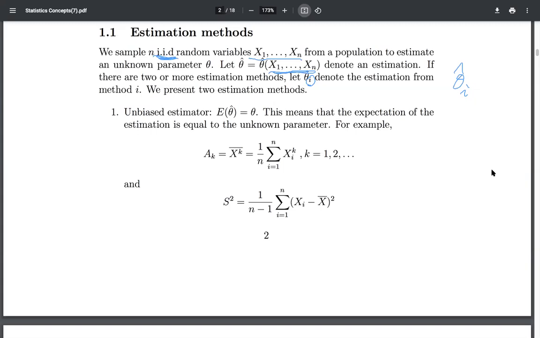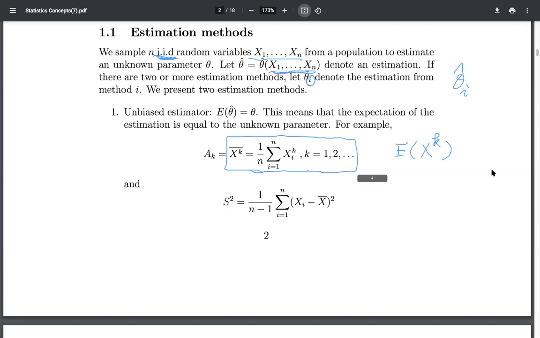So we are going to present two estimation methods. One is if you simply want to estimate the expected value of x to the k. This is called a moment, right? So this x to the k is called a moment. Then the easy way to do it is this. We do this, and that's a good estimate for any k.